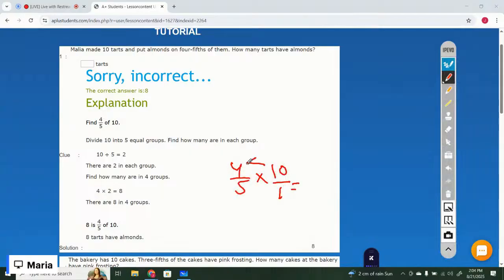We need to do numerator times numerator, denominator times denominator. 10 times 4 is 40 and 5 times 1 is 5. So 5 times 8 is 40. The correct option is 8. That means 8 out of 10 have almonds.